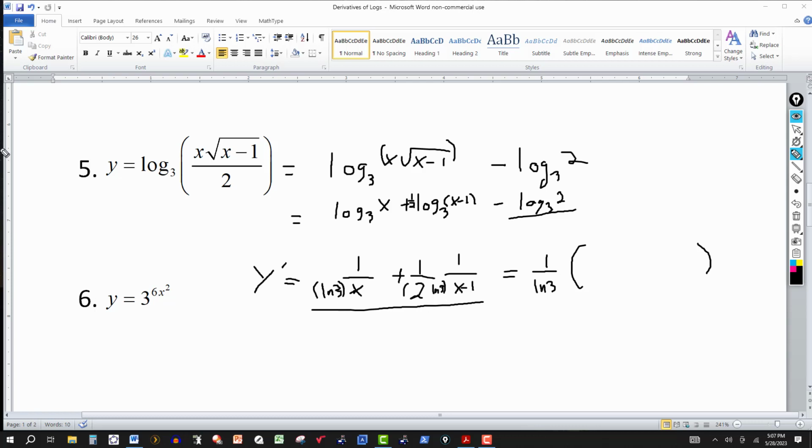If you do that algebra, then this comes out to 3x minus 2 over 2x times x minus 1. So if you simplify it, this is your final answer. But some instructors, I know I would, especially on a test when you kind of rush to finish, I would accept it this way here.